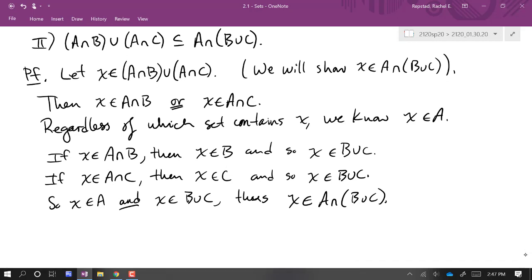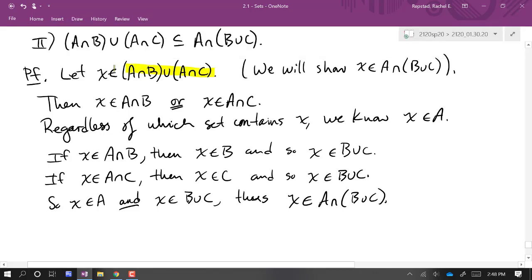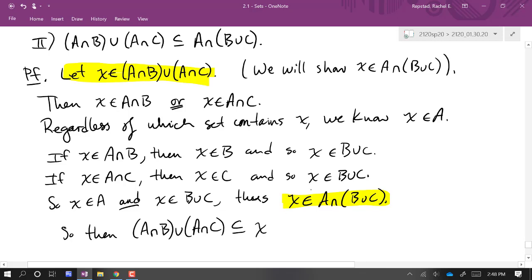We started with X in the set on the left, and then we said thus X has to be in the set on the right. So that means we've shown containment in this direction: A intersect B union A intersect C must be contained in A intersect B union C.